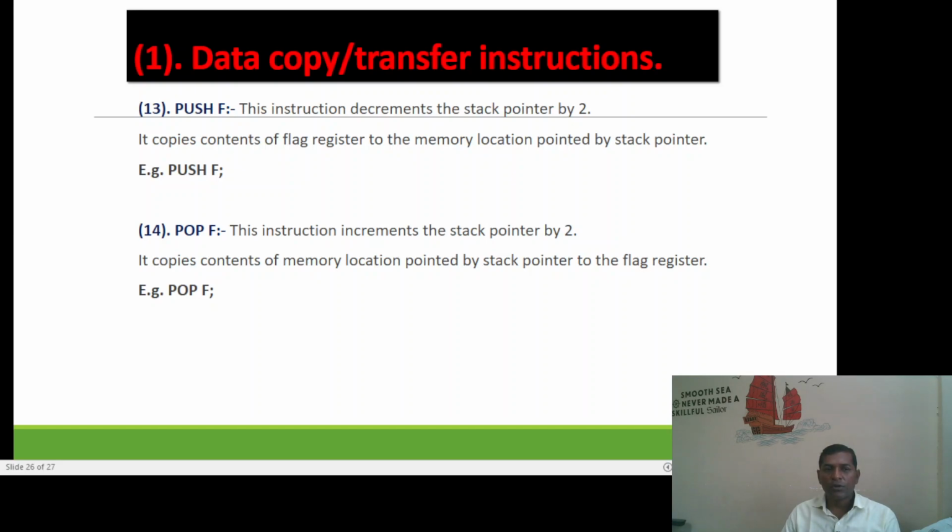If we want to copy the contents of the flag register to the memory location, PUSHF can be used, whereas if we want to copy the contents of the memory location pointed to by the stack to the flag register, that will be done by the POPF instruction.